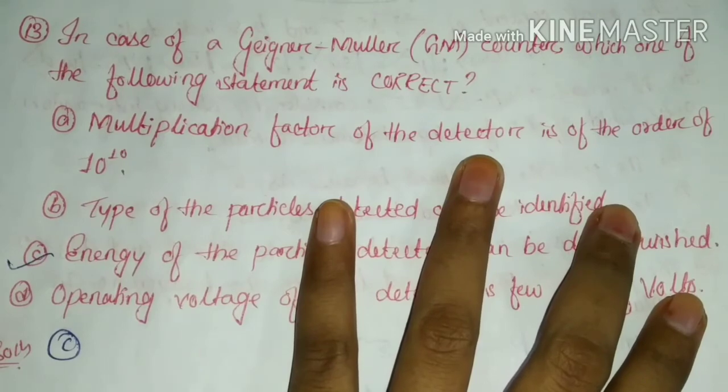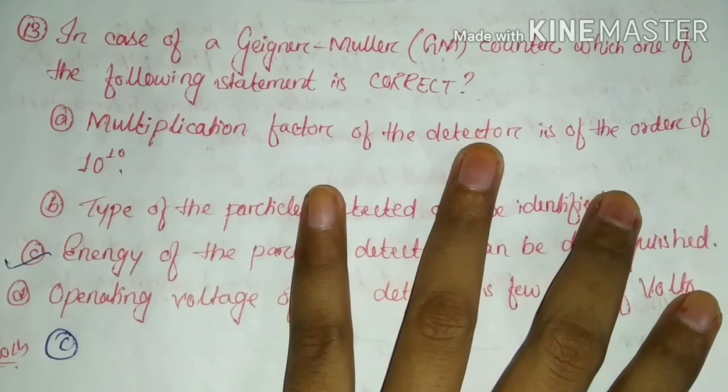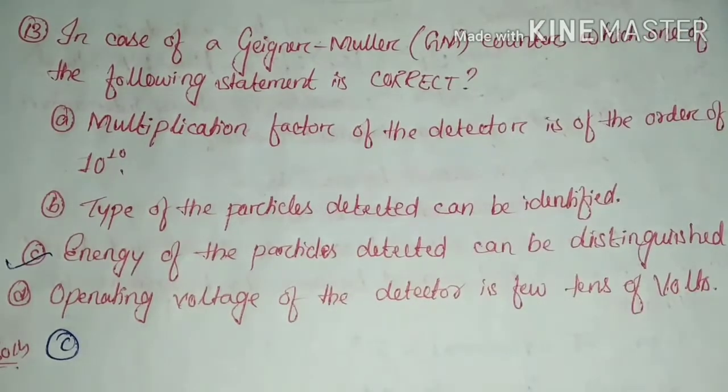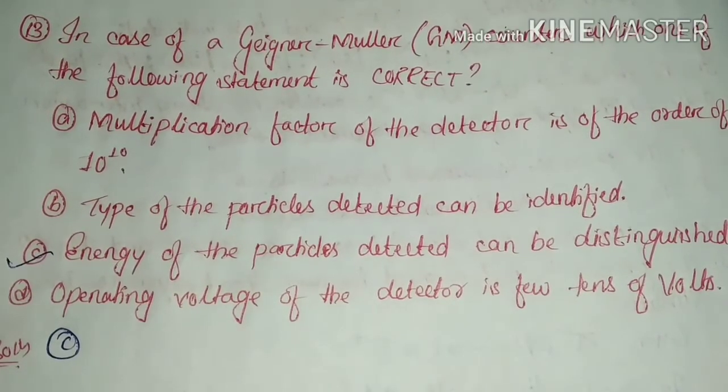It detects ionizing radiation such as alpha particles, beta particles, gamma particles. And one more thing I would like to say is that it is one of the world's best known radiation detection instruments.